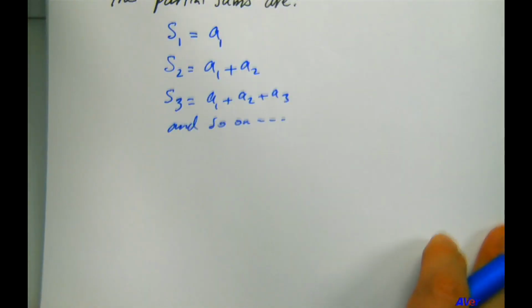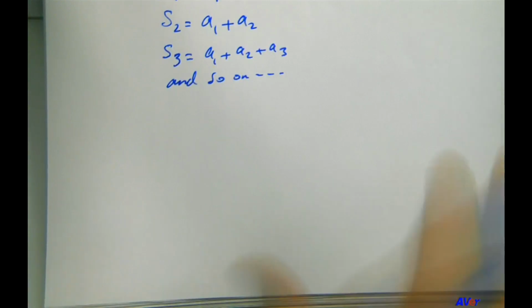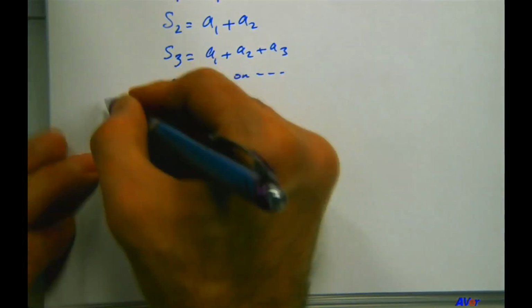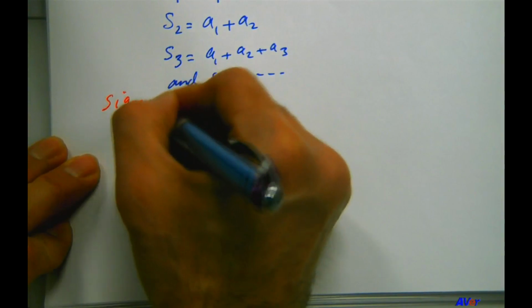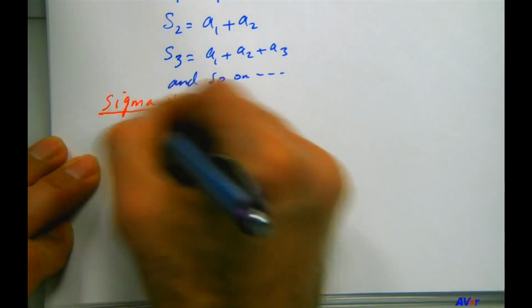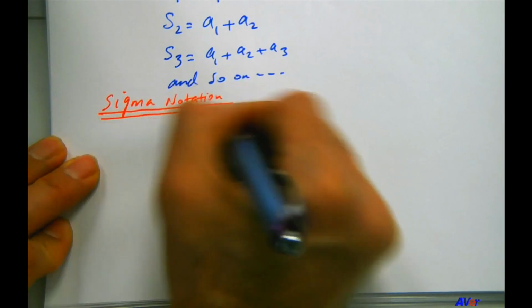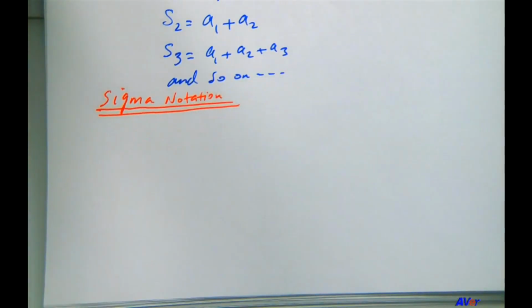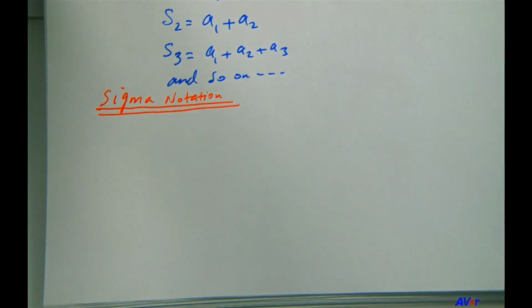Okay? So the other thing you should know about this is the sigma notation. This notation, which comes from the Greek letter sigma, is used extensively in connection with series. So we should be familiar with what it looks like and what it means.